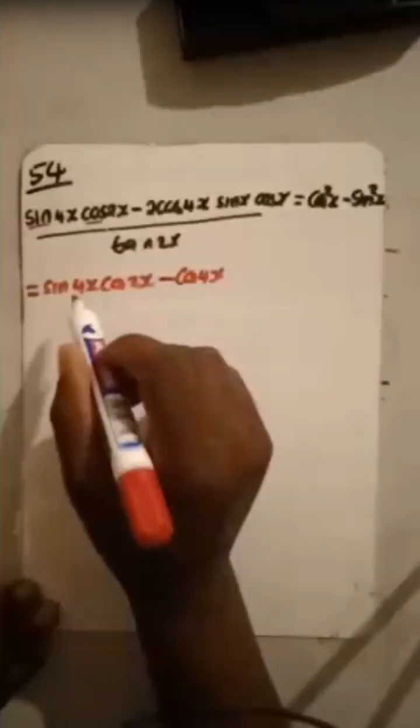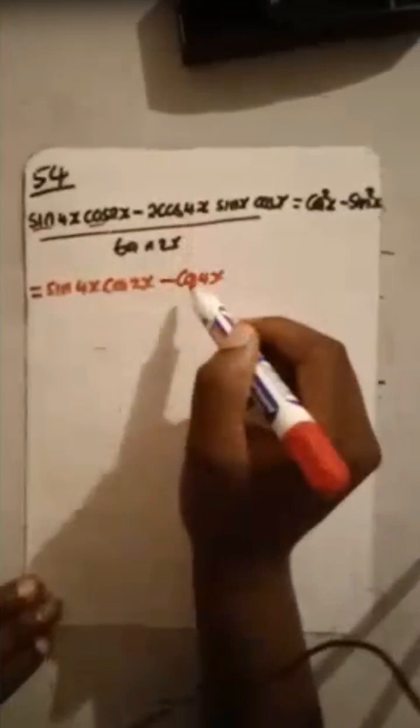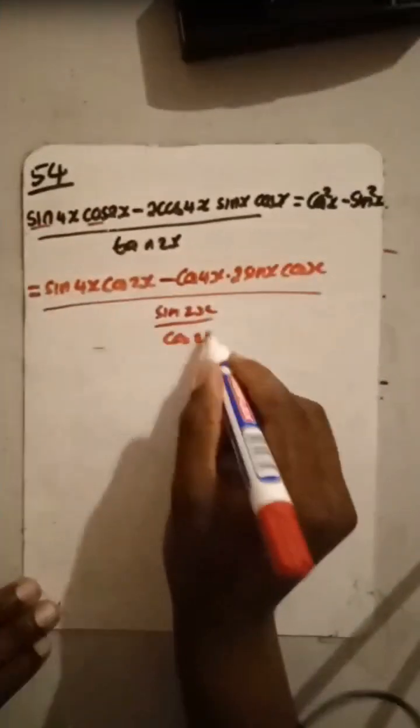Let me start with cos of 4x because I know that it is going to be cosy. But if I start with cos 2x, remember this is multiplication, order doesn't matter. So this is going to be multiplied by 2 sine x cos x over tan 2x, which is the same as sine 2x over cos 2x.